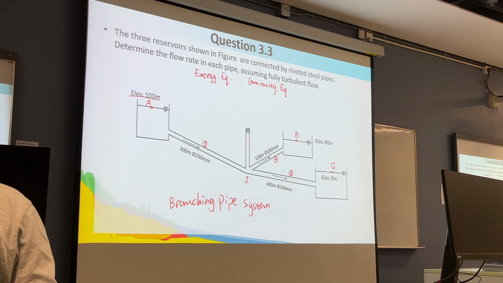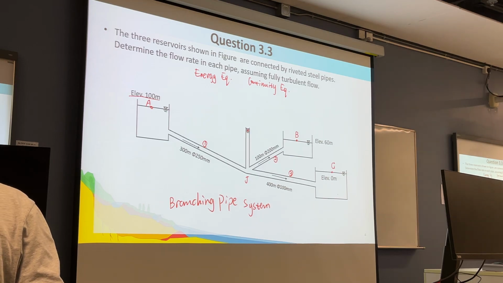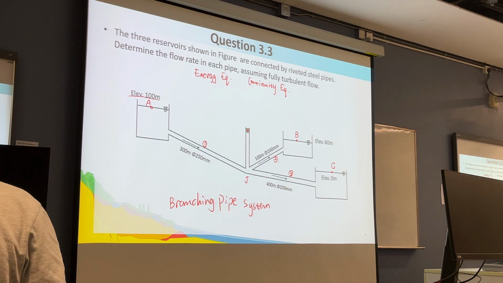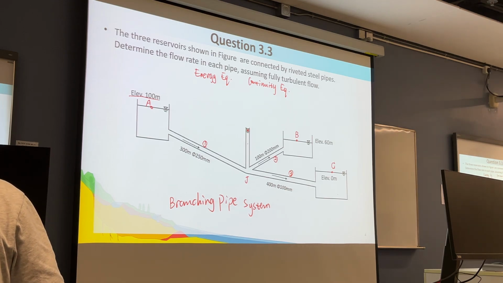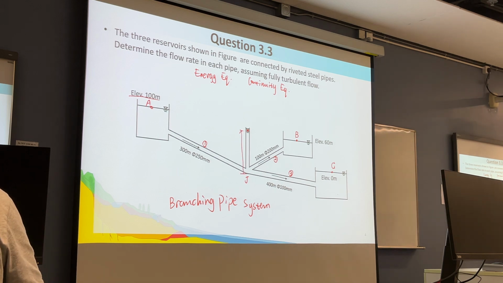Now, we can consider that there is a kind of manometer here. This side is Pj over gamma.